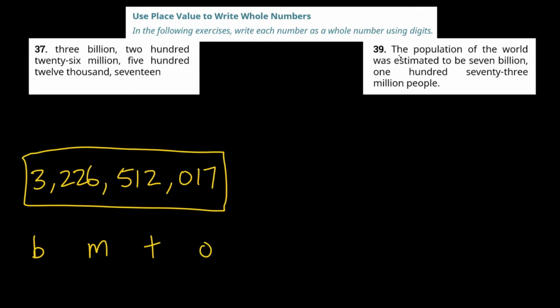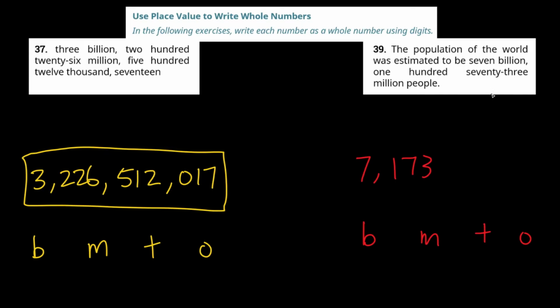For 39, the population of the world was estimated to be 7,173,000,000 people. So let's go ahead and do the same thing. I'll just write the first letter. We have billions, millions, thousands, ones. So we'll start off with 7 billion. And then we have 173 million.